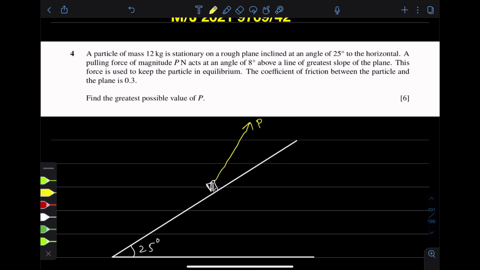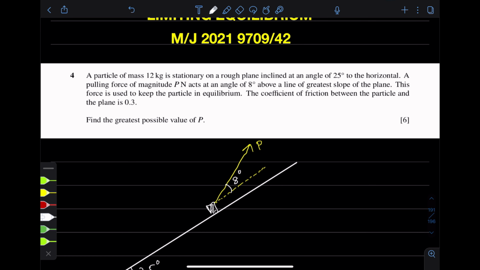This angle is 8 degrees. Mass of the particle is 12 kg and the value of mu is 0.3. It has no unit because it is a ratio.